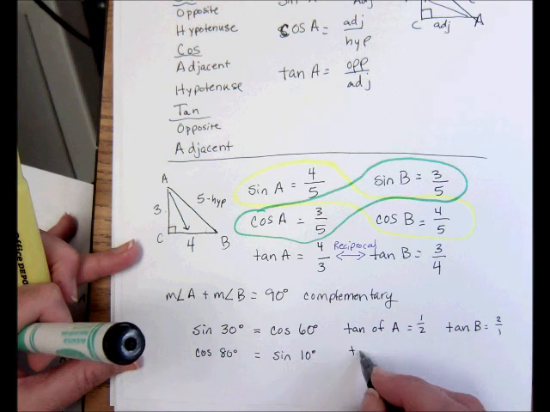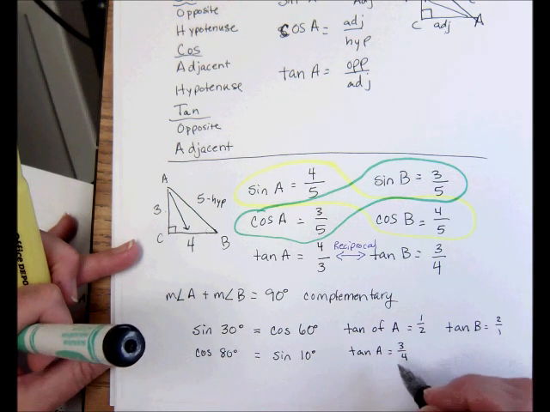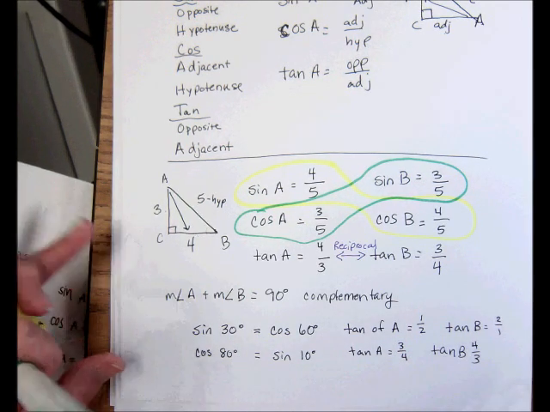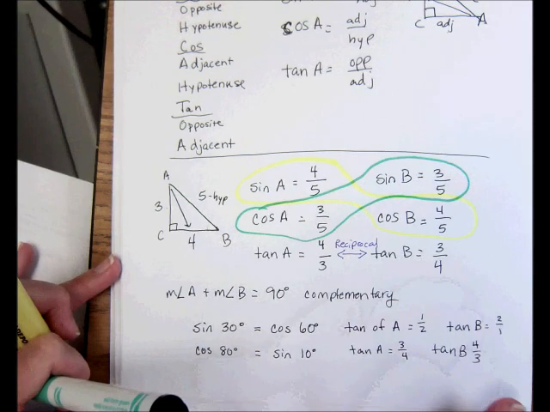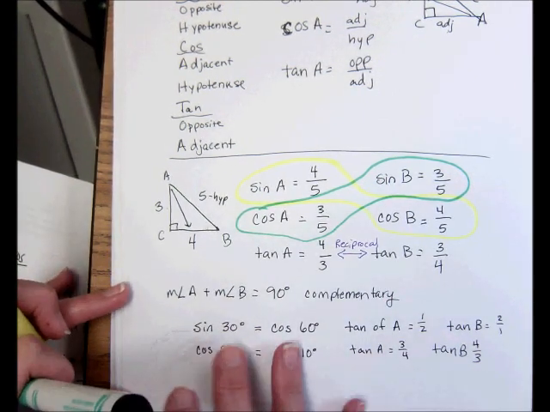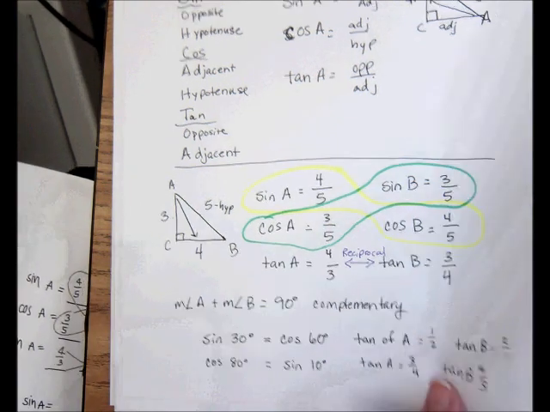Or if I knew the tangent of A is 3/4, like it was before, I know that the tangent of B is going to be 4/3, which is just kind of opposite of what it was up there. So I wanted you to see the relationships between the sine and the cosine of the complements. That will help you.